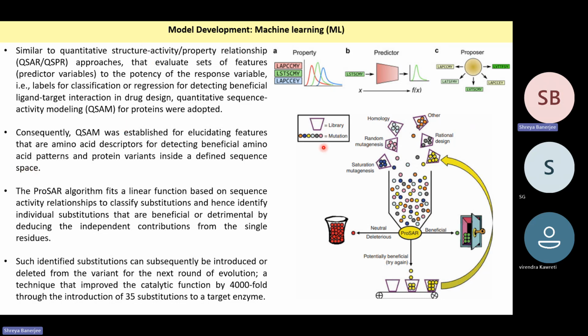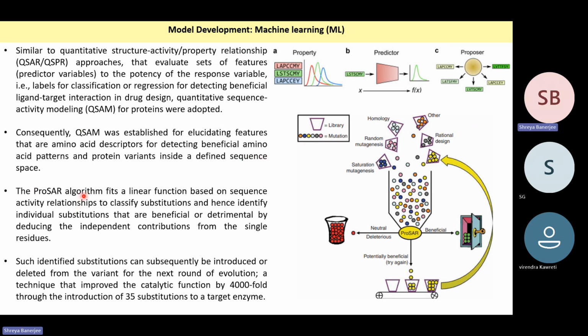So from the database of known structured activity relationships of proteins, the machine learning algorithm will go through the known database and find out the sequence activity relationship. That is, which sequence of amino acids will result in the desired structure, that is, which sequence will result in the desired function.